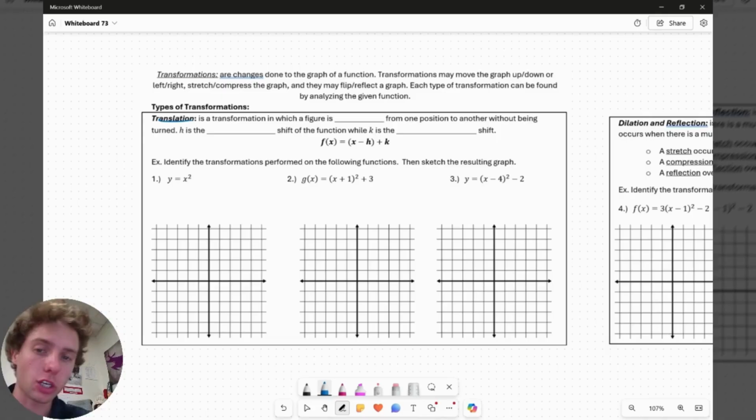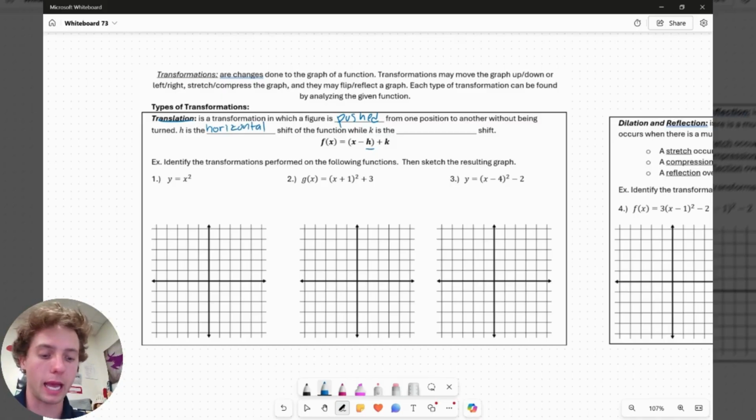A translation is a transformation in which a figure is pushed or moved from one position to another. Realize it does not turn the shape of the object, it just moves it side to side or up and down. The ways that we can move it: H, if you notice, H is inside the parentheses. Anytime you have something inside the parentheses, it always affects the horizontal.